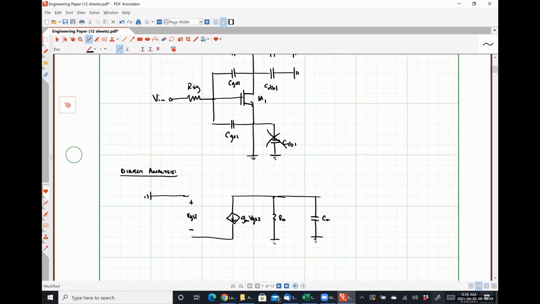And I'm going to call this capacitance C out, which again is just CGD2 plus CDB2. And here's where I'm taking my output voltage.